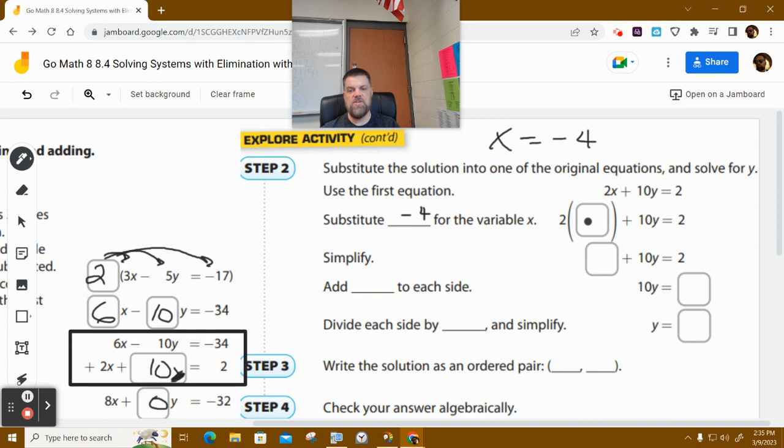So we take this first equation, wherever there's an x, and substitute in a negative 4. What is negative 4 times 2? Negative 8. So now to get y by itself, what's the first step? I've got to add 8 to both sides. So if I add 8 here and I add 8 over here, these cancel, and I'm left with 10y is equal to, what's 2 plus 8?